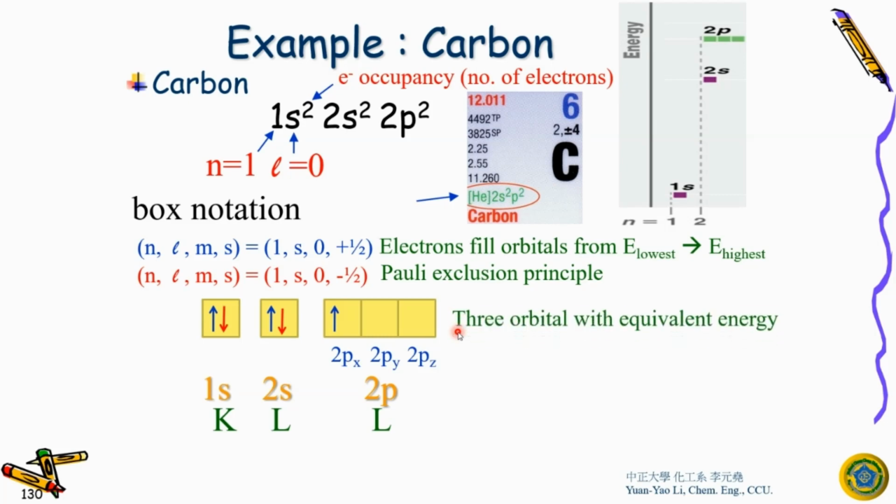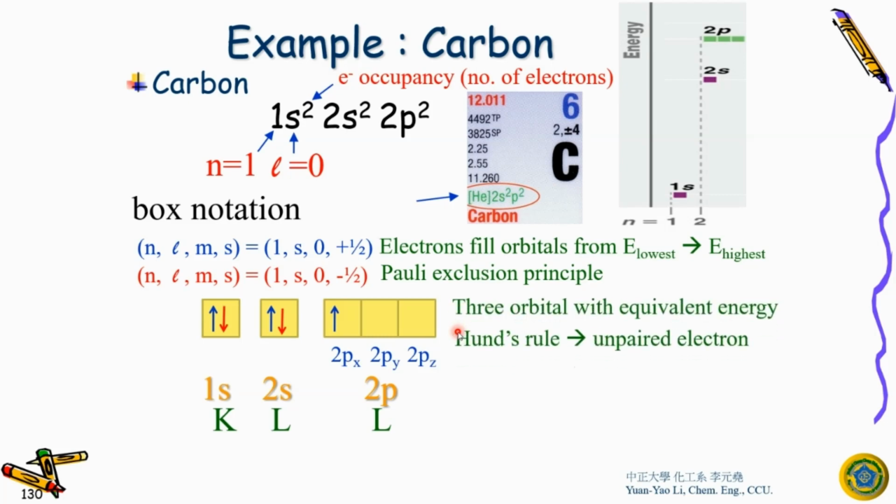Because we follow Hund's rule. Hund's rule tells us about unpaired electrons. Okay, so this is the example of carbon. And these can be the quantum numbers. For example, it's all spin up. Although we don't know, anyway, just an example for you.